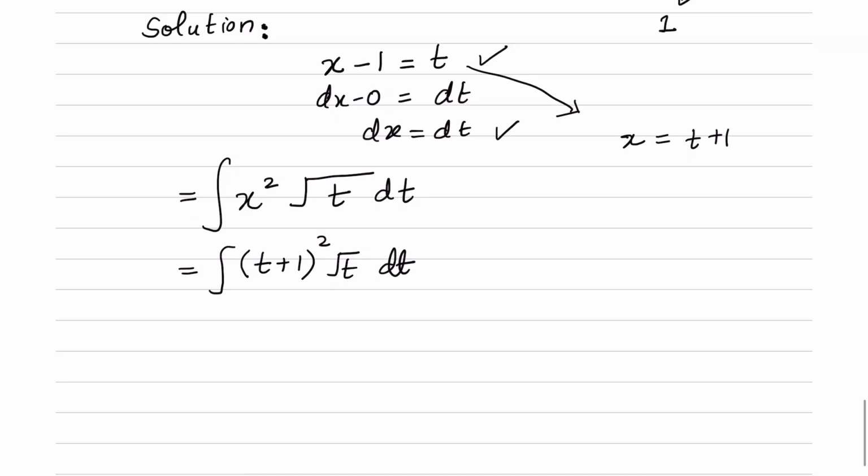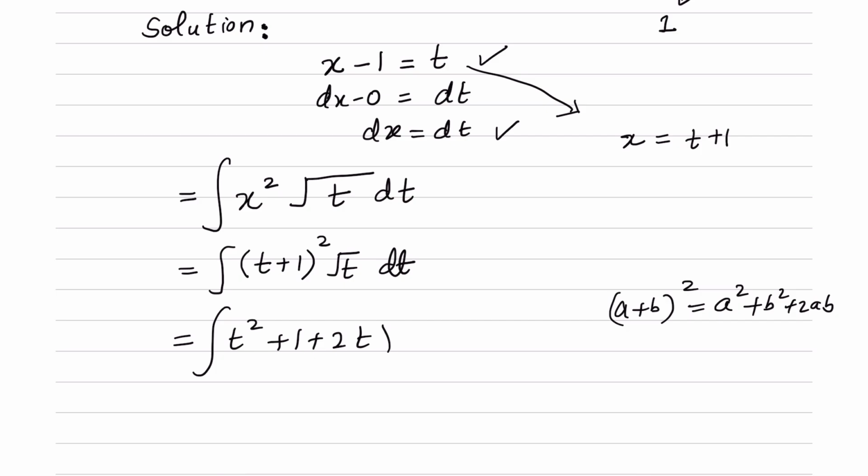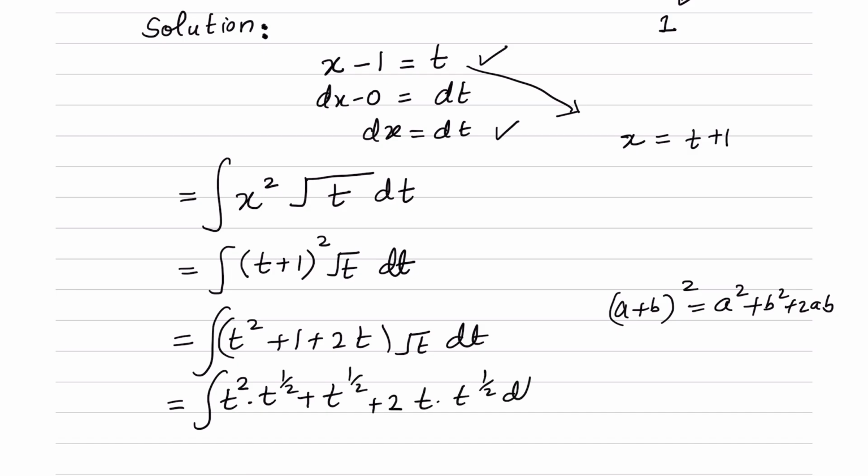Now by using the a plus b whole square formula, which is a square plus b square plus 2ab, we can open up t plus 1 whole square, which gives us t square plus 1 plus 2t, multiplied by square root t. So now we can multiply square root t inside: t square into t power 1 by 2, plus t power 1 by 2, plus 2t into t power 1 by 2.